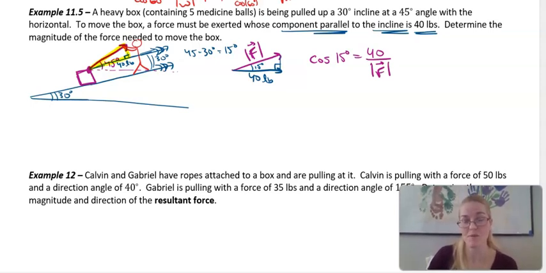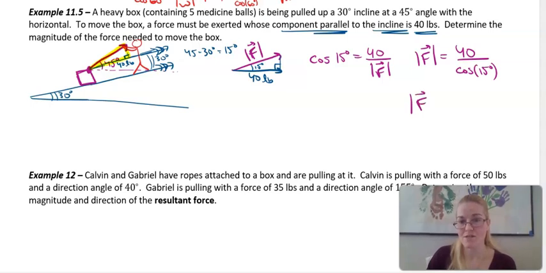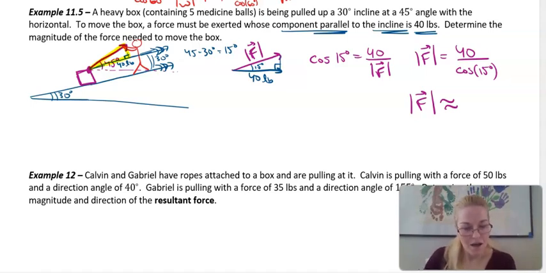So that means divide both sides. The magnitude of my force is going to be 40 divided by cosine of 15 degrees. And so grab your calculators, and the magnitude of that force in pounds is going to be approximately 41.41 pounds.